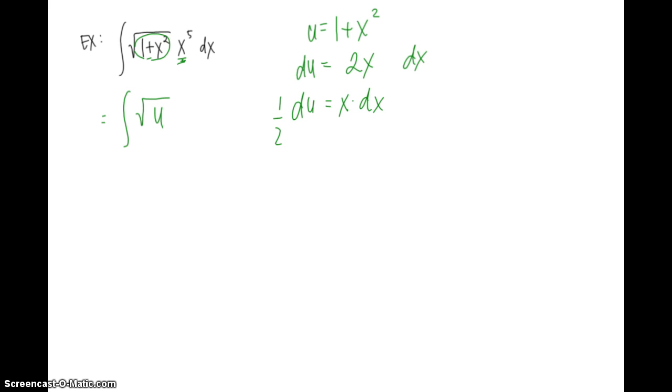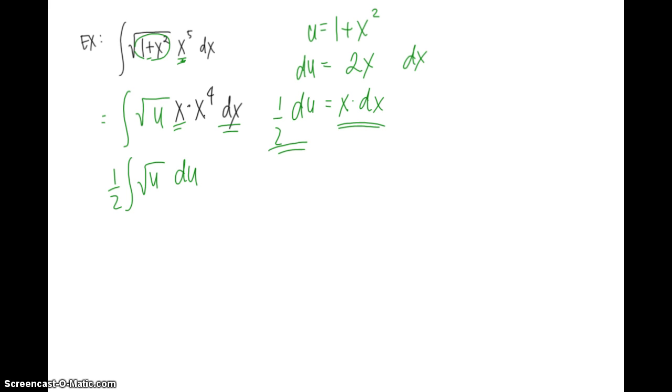So one of these x's, I get x times x to the 4th dx. So right here, I'm going to make this x dx into 1/2 du.